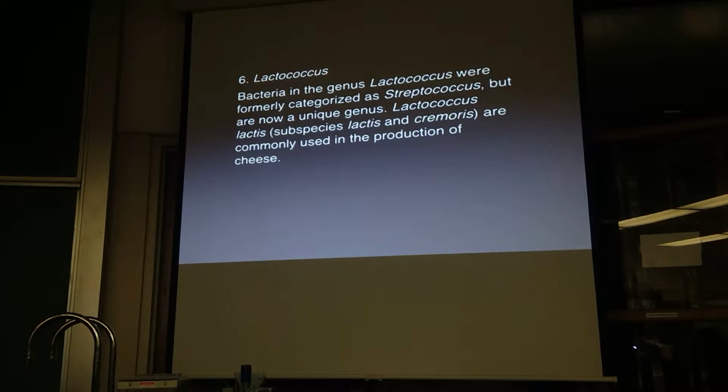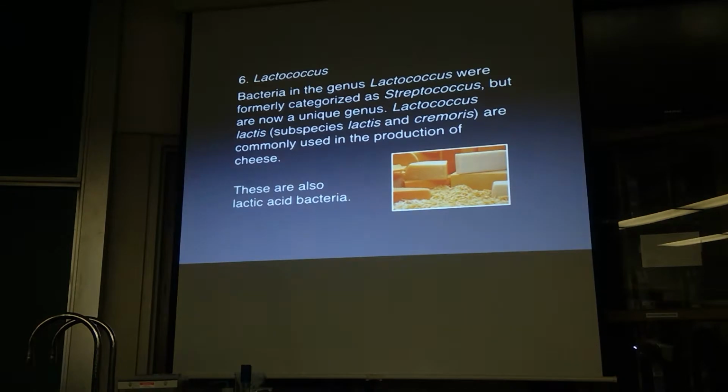So we've talked about the binomial name, where you have a genus name followed by a specific epithet. Sometimes there's another name following that, which is called the subspecies. So we have Lactococcus lactis lactis and Lactococcus lactis cremoris. Probably more about those guys than you wanted to know. Anyway, they do produce lactic acid as a byproduct, and that's what makes the sour flavor in cheese, lactic acid.